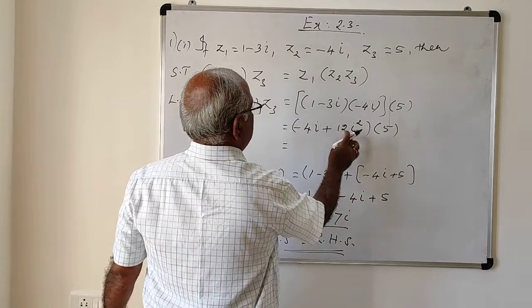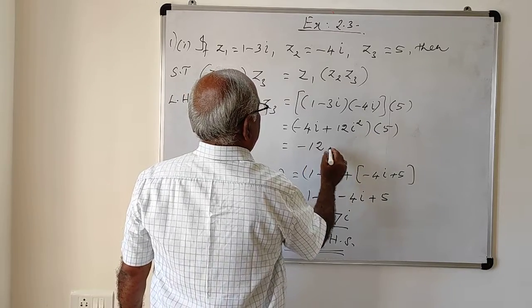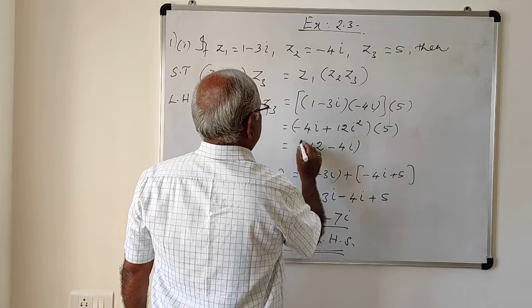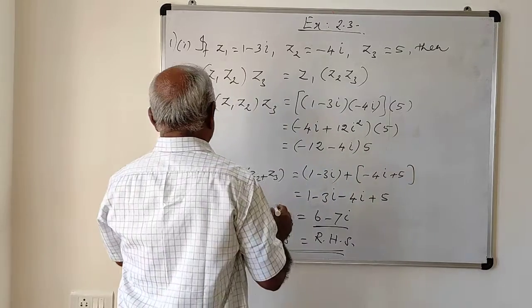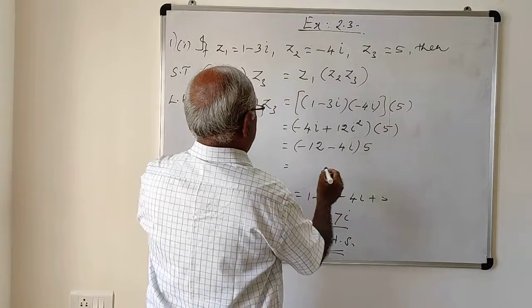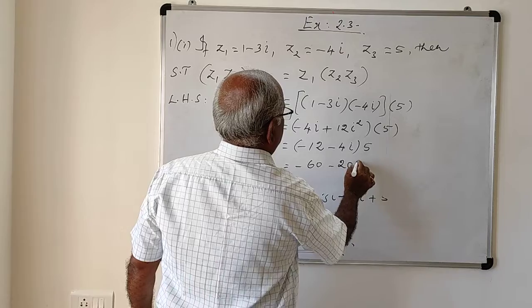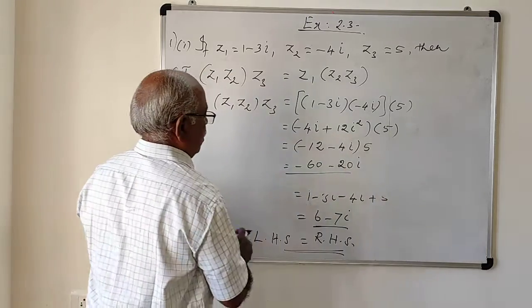Again, i square is minus 1, so minus 1 into 12 is minus 12, the real part, minus 4i, into 5. So minus 5 into 12 is minus 60, and minus 5 times 4 is minus 20i. This is the left hand side.